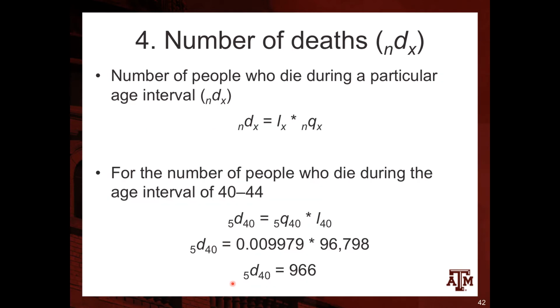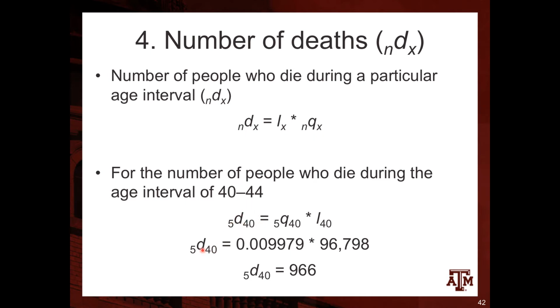And the number of people who died during a particular interval is estimated as the little lx column times the probability of dying in that specific age group. So for the number of people who die during the age interval of 40 to 44, that's how we get that information.